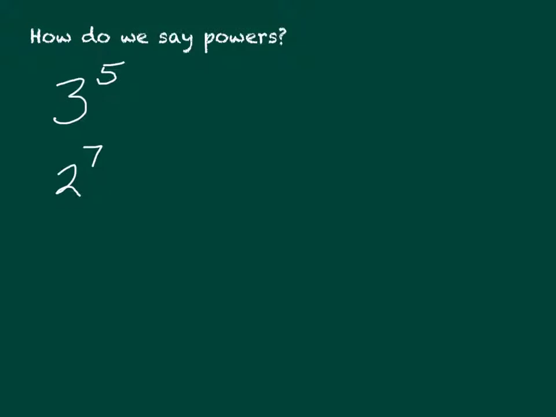Okay, so now that we know what powers are, we know how to write powers, but how do we say a power? So if we look at this example right here, how would we say that? What is the proper way of saying that? We would say 3 to the power of 5.